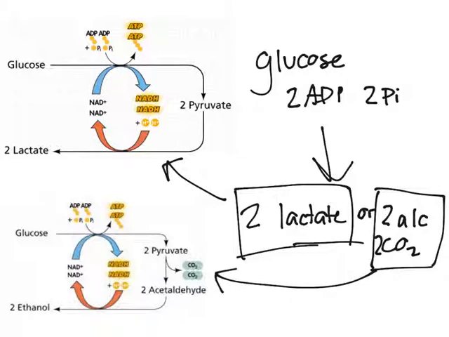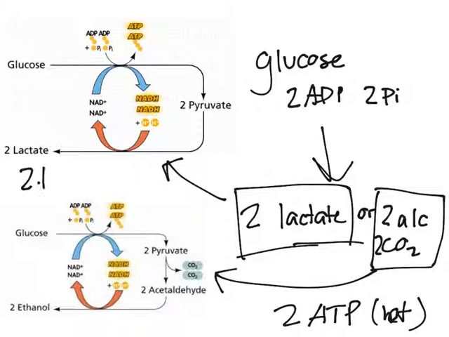And then both of them have a net 2 ATP. And this whole process is 2.1% efficient compared to a whole 29% efficient for aerobic respiration.